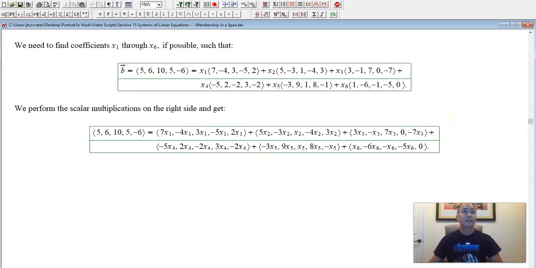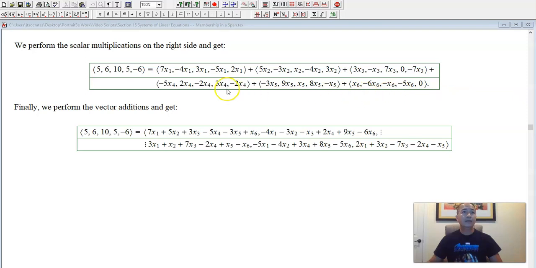So now that this equation has been set up, we are going to bring the scalars inside the vector. So x1 times v1 becomes 7x1, minus 4x1, 3x1, minus 5x1, and 2x1 by simply bringing the scalar inside the vector. So we do that to each of the other 5 vectors, and we get this very long vector sum.